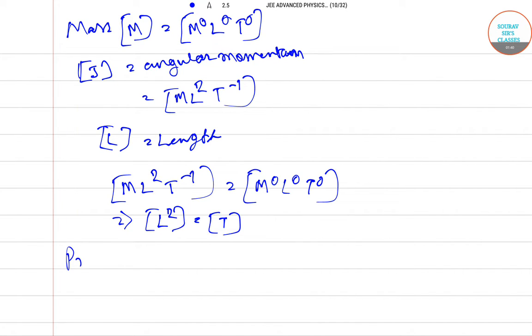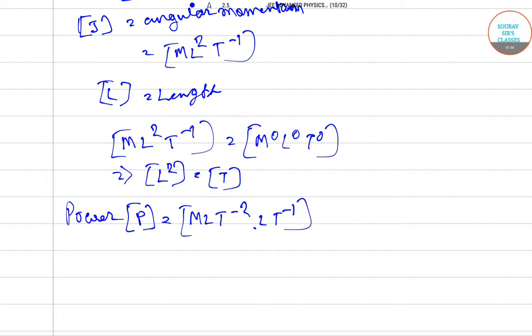So power P equals M L square T to the power minus 2 into L T to the power minus 1. This is the dimension of power.